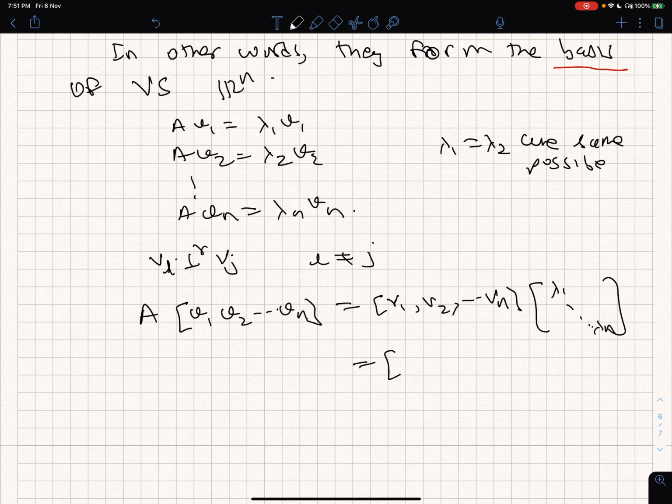When you expand it, it is lambda 1 v1, lambda 2 v2, up to lambda n vn.